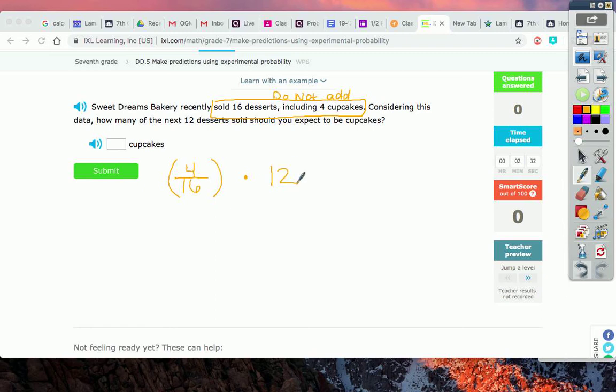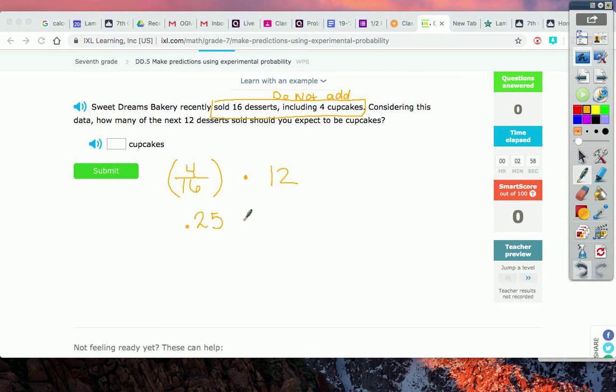What is 4 divided by 16? You got a calculator, pick it up. 0.25. Okay, pick up your calculators. Give it to me as a decimal. 0.25.